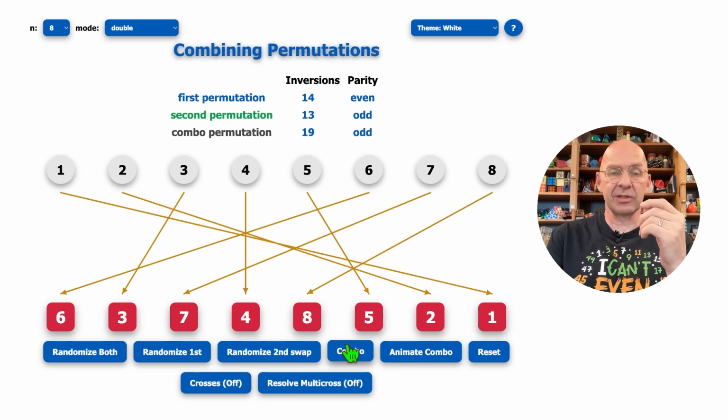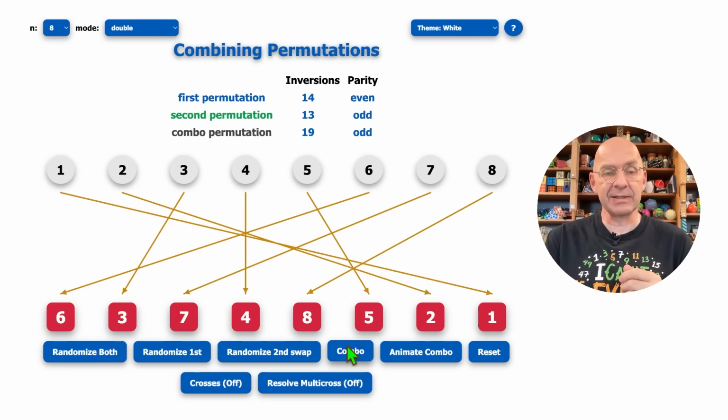And as a permutation diagram, it looks like this. You can put the crosses in, count them, and in this case we're going to have 19 crosses. And if you had counted the first one, it would have been 14 and 13 crosses.